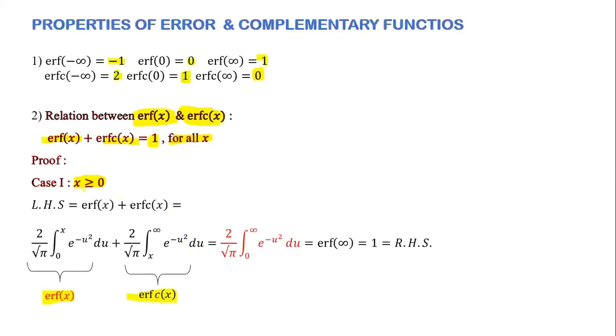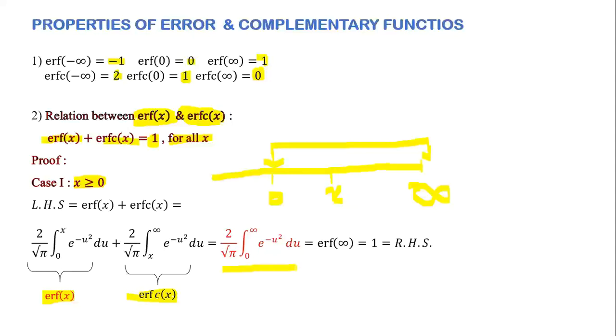Here, as my x is positive, this integration from 0 to x and x to infinity can combine into a single integral, which is from 0 to infinity. So the combination of these two integrals is actually 2 by root pi, integration from 0 to infinity, e raised to minus u square du.